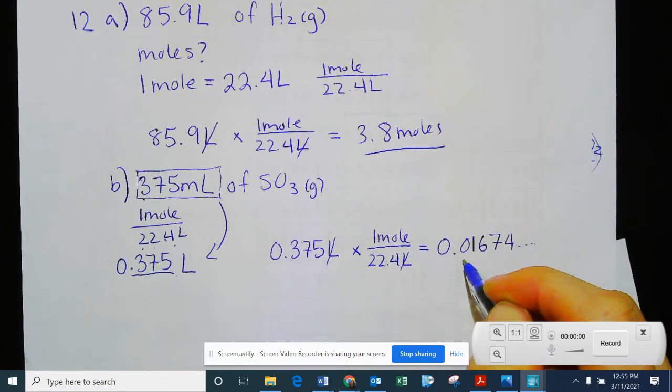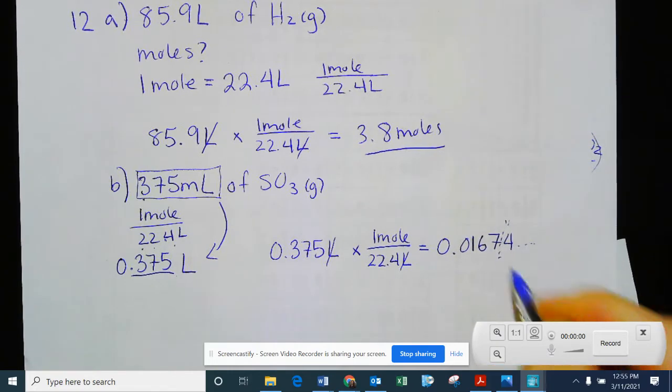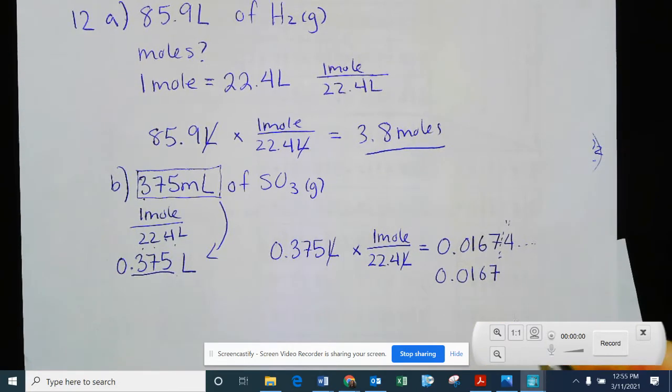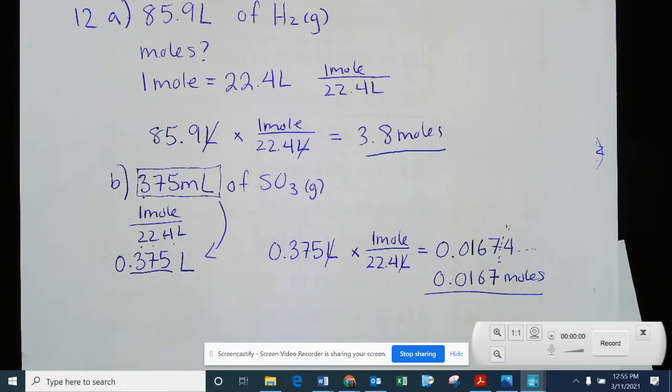So I'm going to go to here, right? 0.0167 moles. And if you wanted to, you could put this into scientific notation and do 1.67 times 10 to the negative 2, but this is fine as well. So I don't even have close to 1 mole of gas in this example.